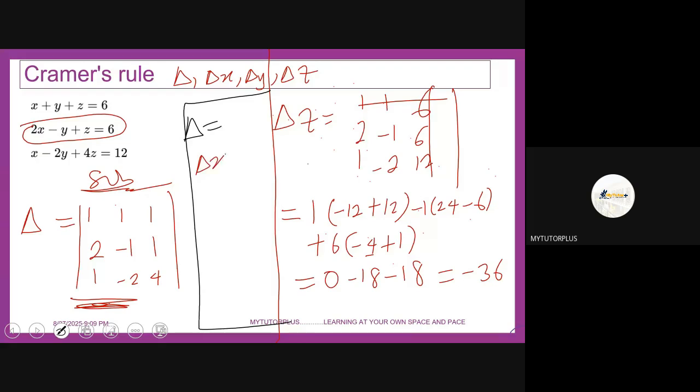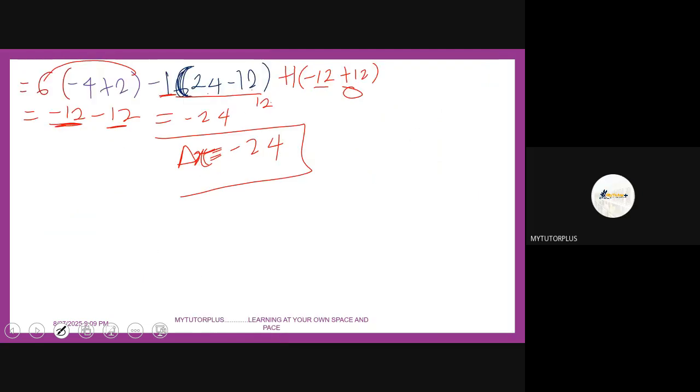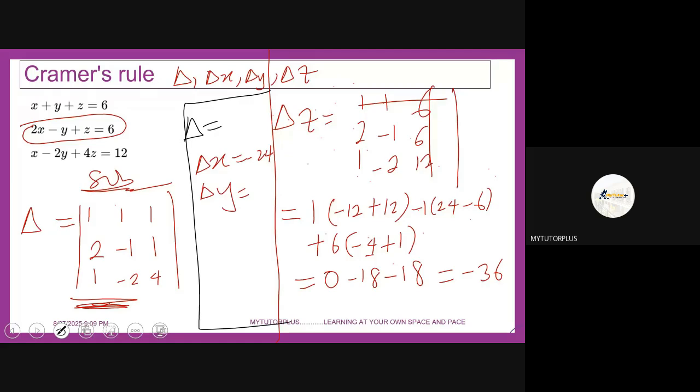Delta Y, we have what? Minus 12. Then delta Z, we have minus 36. Yes. Now the question is, what is the value of delta?